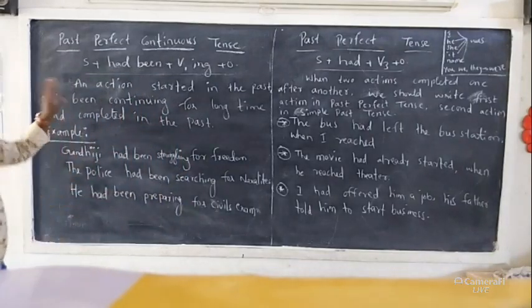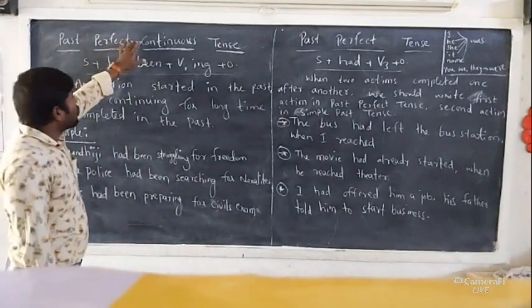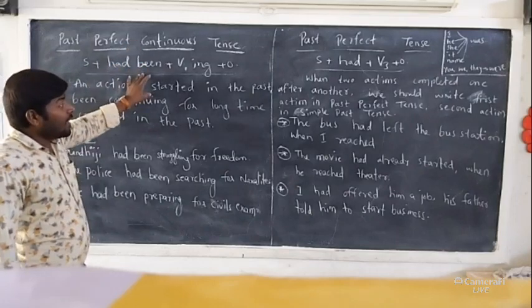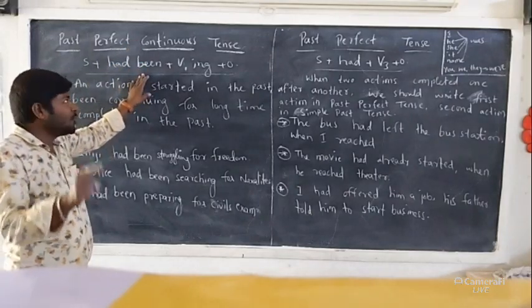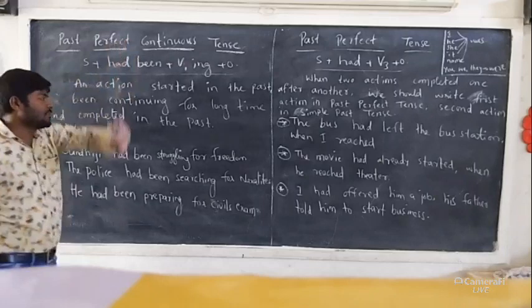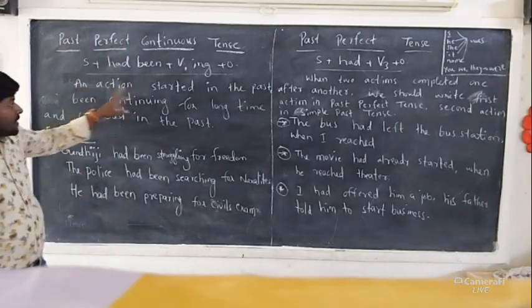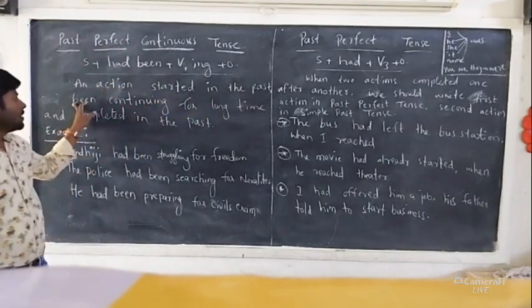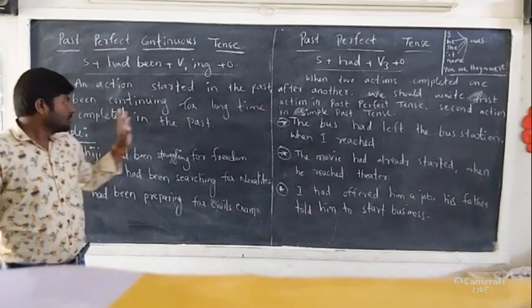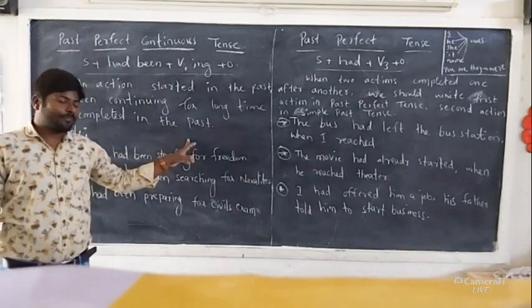That is okay. So in the same way, to talk about long-term past activities, we use the past perfect continuous tense. The action started in the past and been continuing, completed in the past.